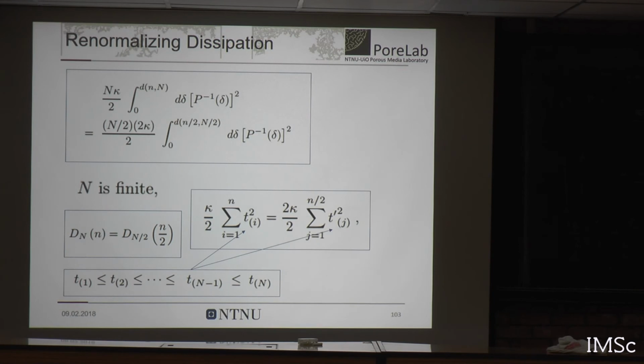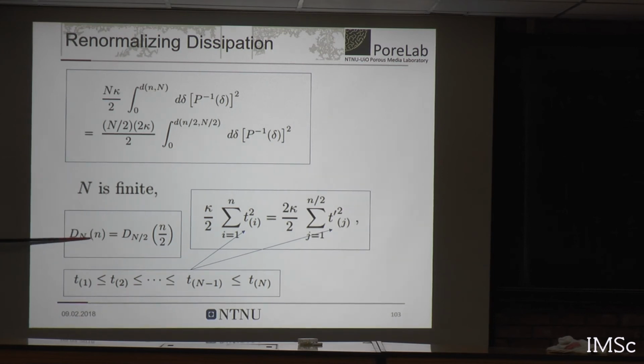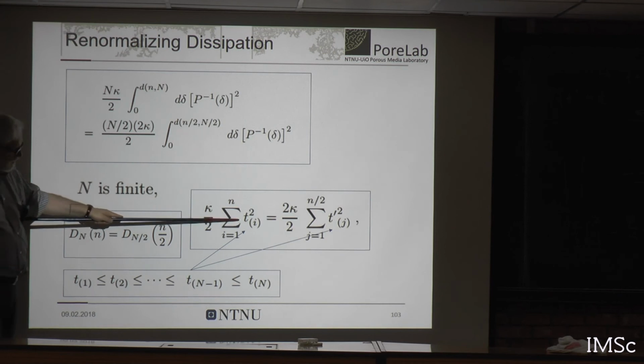Now, here is the damage. No, not the damage, but here is the dissipated energy. That has to have this symmetry. Okay? If I write it out in the continuum limit, that's what it looks like. But I'm saying this is a finite system, so I write it out in terms of sums.